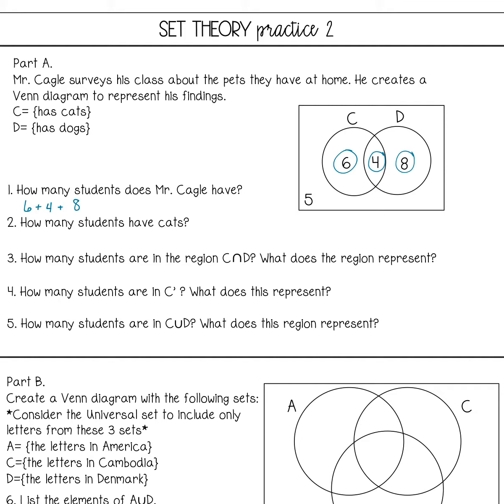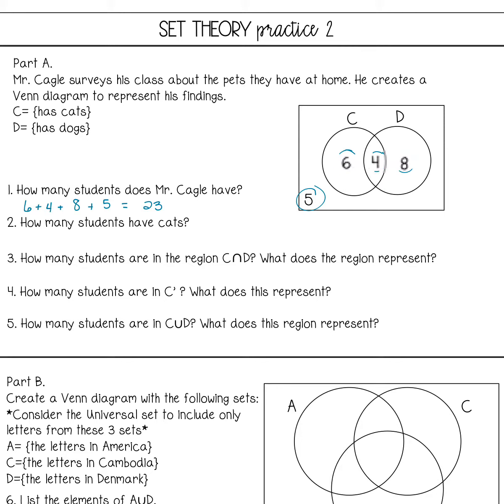And then we can't forget the ones that have neither, plus 5. So 6 plus 4 is 10. Plus 8 is 18, plus 5 is 23. So Mr. Cagle, wowzer, has 23 students.